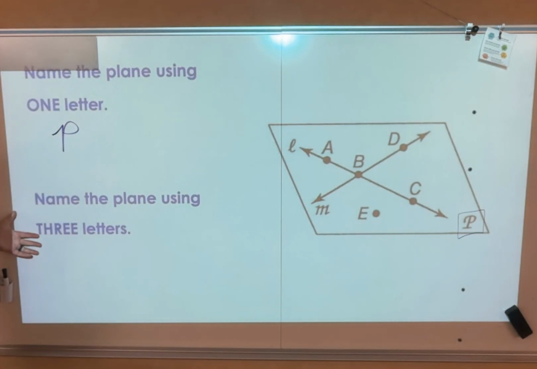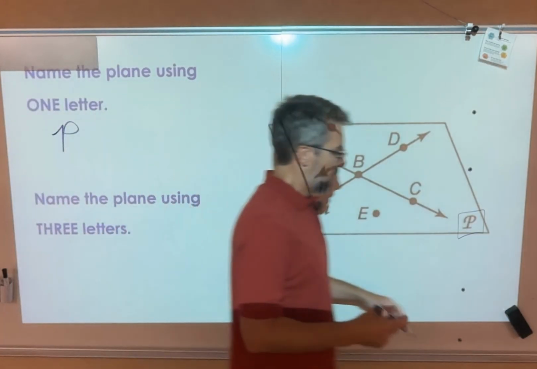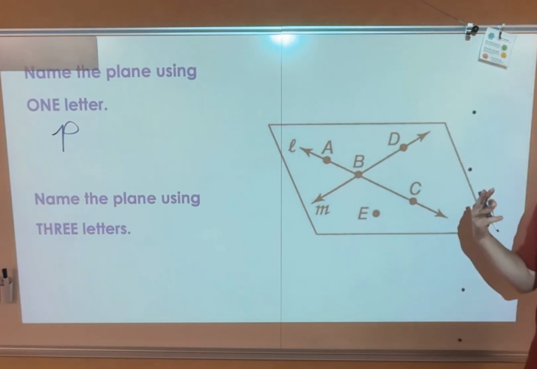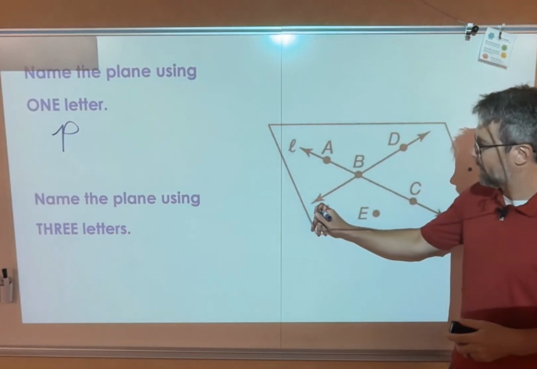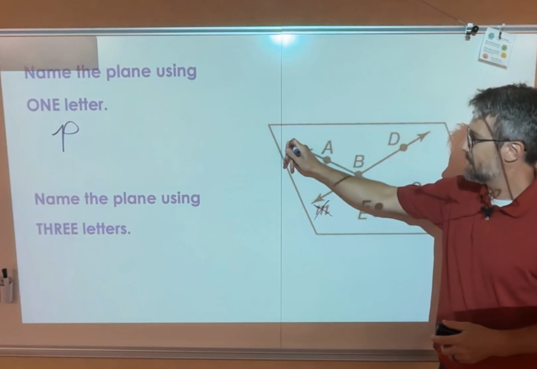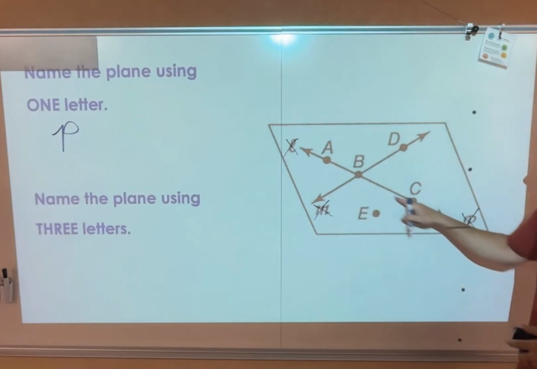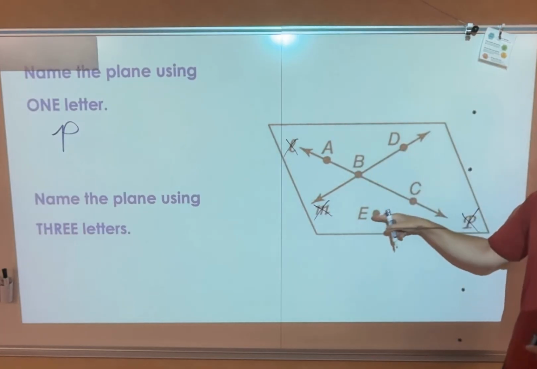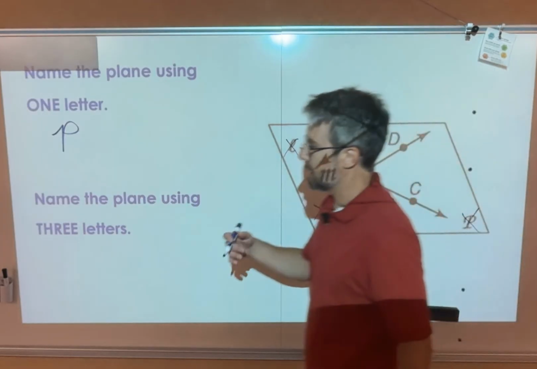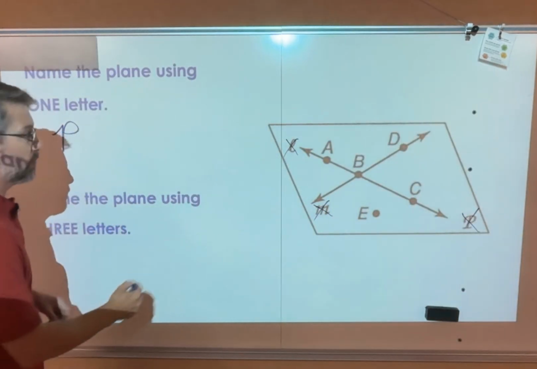All right, name the plane using 3 letters. Well, what we want to do is pick the right letters. If we're naming it with 3 letters, we're taking 3 points on that plane. This is not a point. That lowercase m is not a point, that indicates this line. That lowercase l is not a point, that indicates this line. It's got to be regular capital letters, 3 of them in this case, to indicate a plane. So we could pick any of them we want.